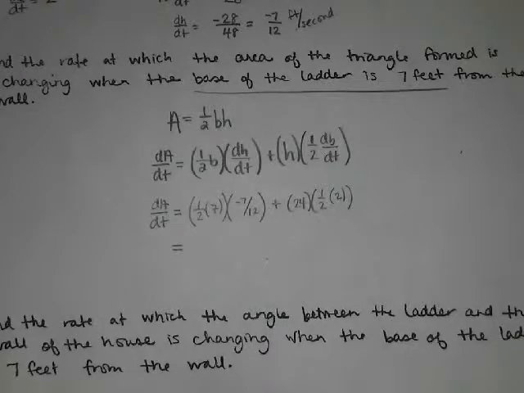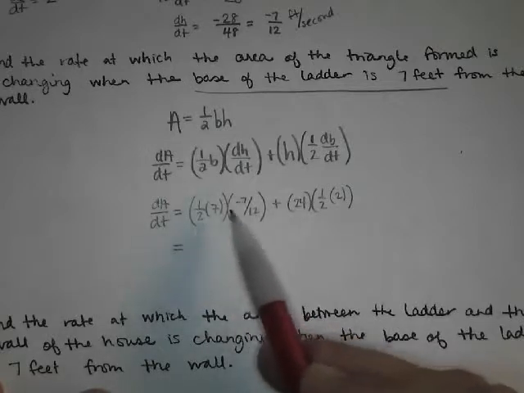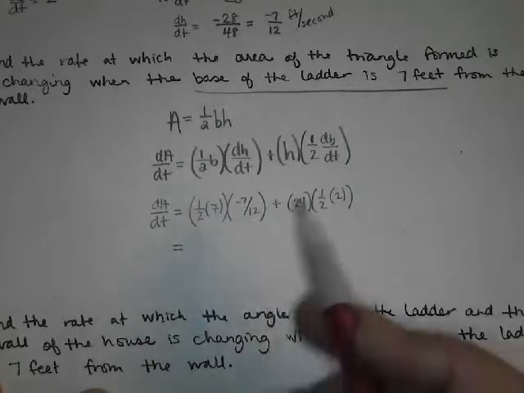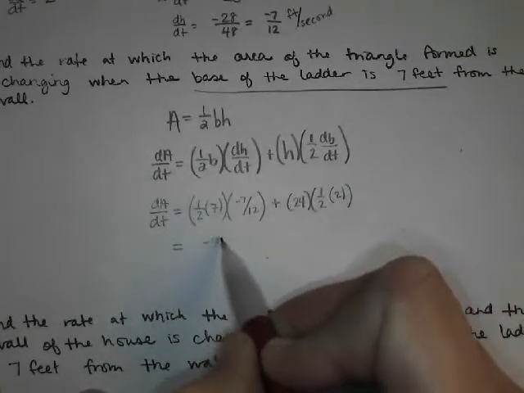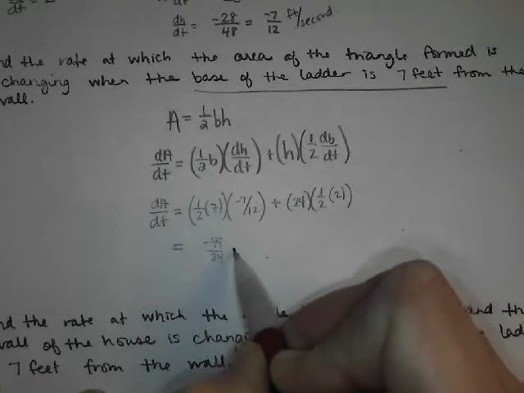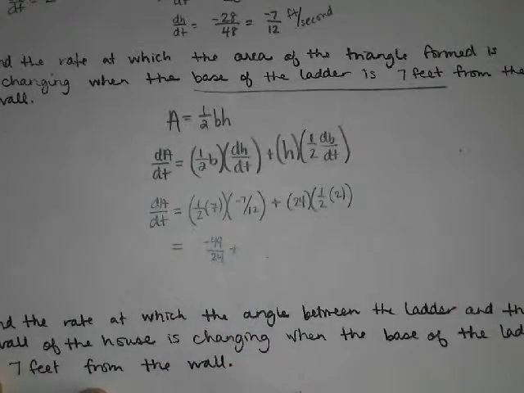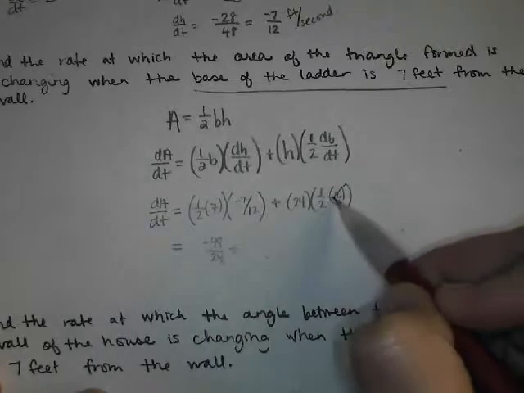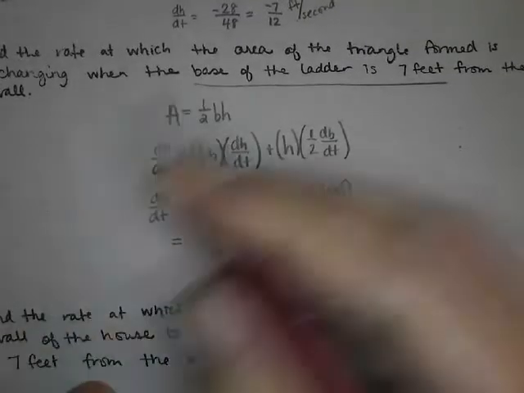So I get negative 49 over 24, plus, these 2's are going to cancel, aren't they? So plus 24.